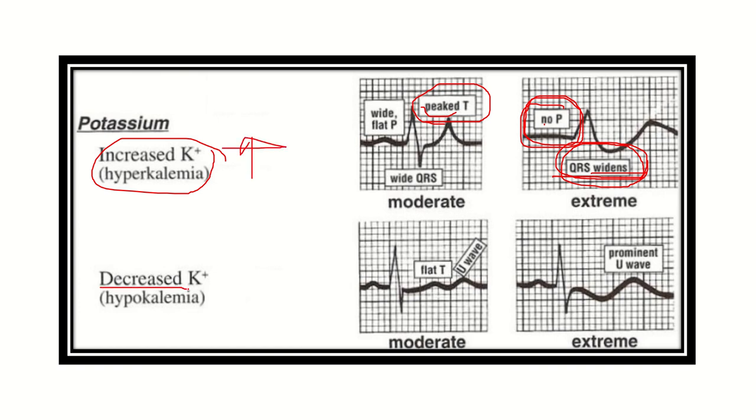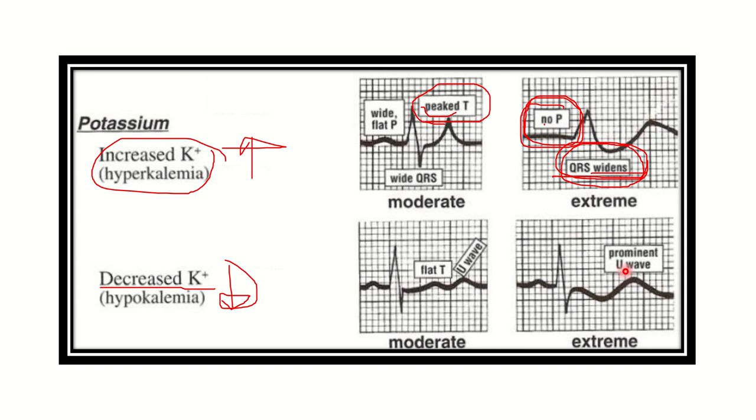In decreased potassium concentration, that is hypokalemia, there will be different features. Here we can see the flat T wave and the presence of the U wave. These two are the most important. In extreme conditions, we can see a prominent U wave.